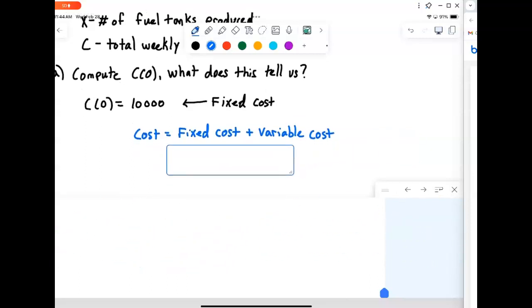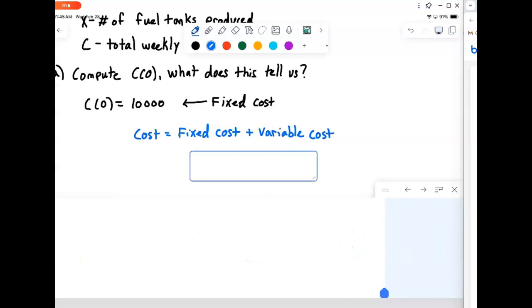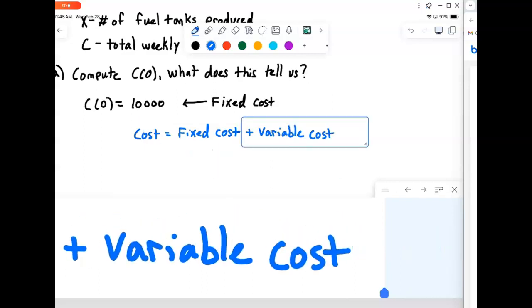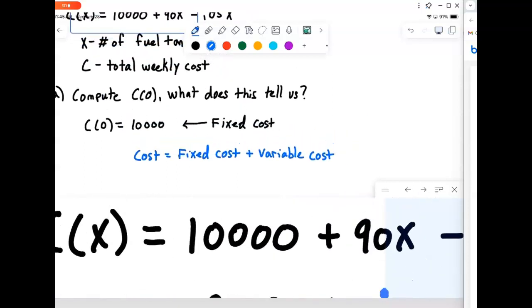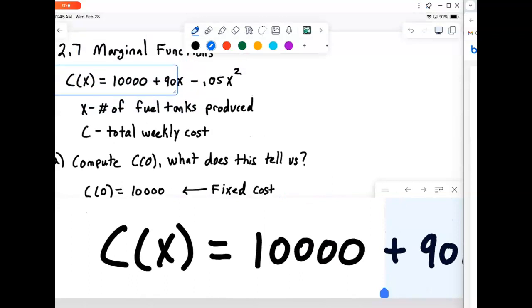Probably the simplest example is you go and get a part replaced on your car, right? And you pay for the cost of the part, that's your fixed cost, plus the cost of the labor to have the part put on. Pretty much everything, in some way or another, can always be divided into fixed plus variable. So in this problem, the 10,000, that's our fixed cost for our business.